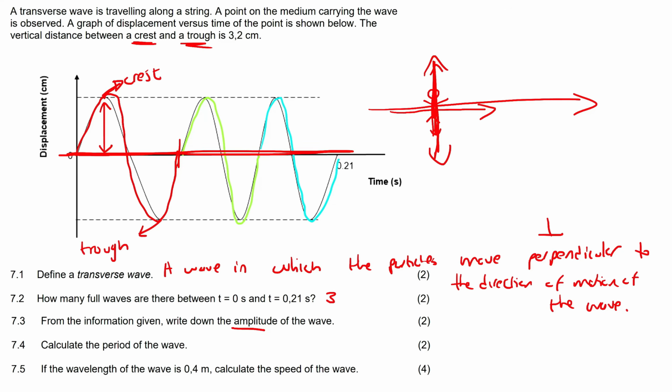They're saying that distance is 3.2. But that is not the amplitude. The amplitude is only to the center. So you're going to divide that by 2. So you're going to say 3.2 divided by 2, and that's going to be 1.6 centimeters. This length would only be 1.6 centimeters.